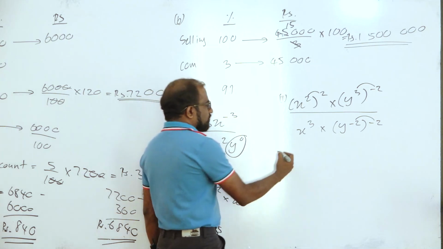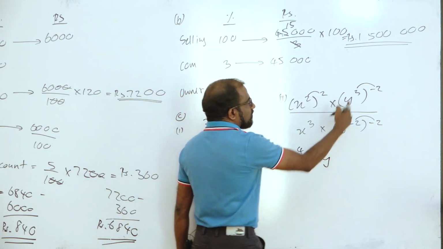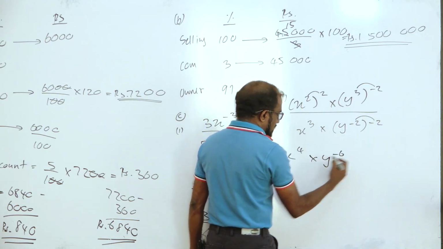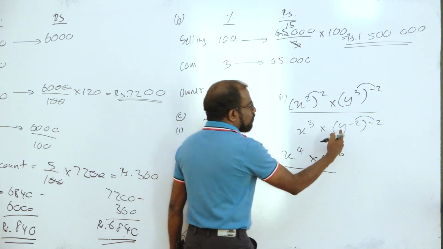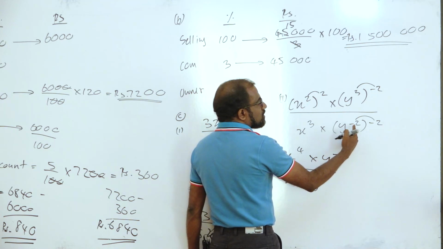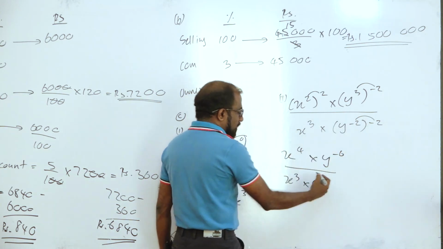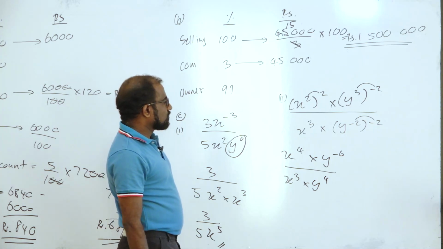Now multiply: x to the power 2 times 2 is 4. y to the power 3 times minus 2 is minus 6. Then x to the power 3, y to the power minus 2 to the power minus 2: y to the power what? Same sign, plus. 2 times 2 is 4, plus 4. Right. So how can you simplify?